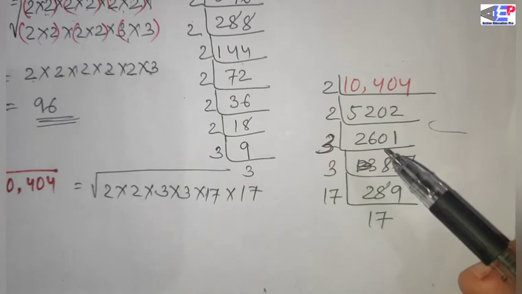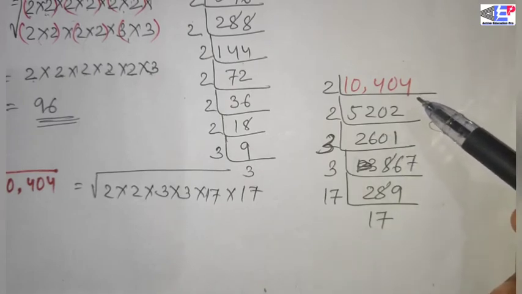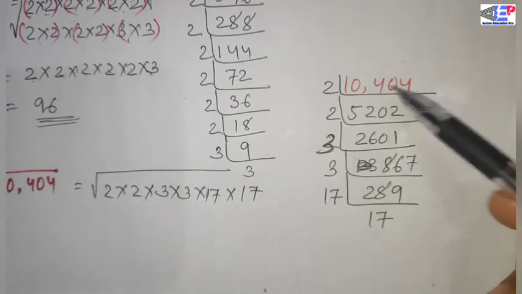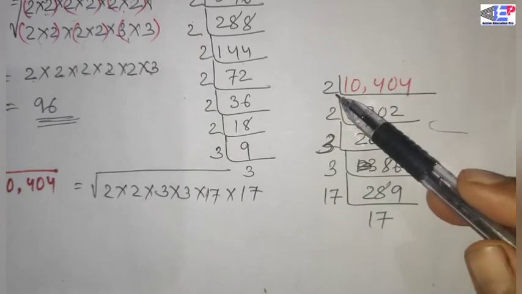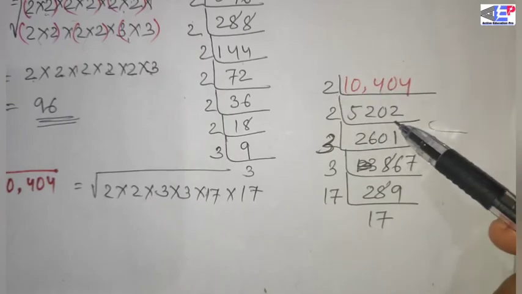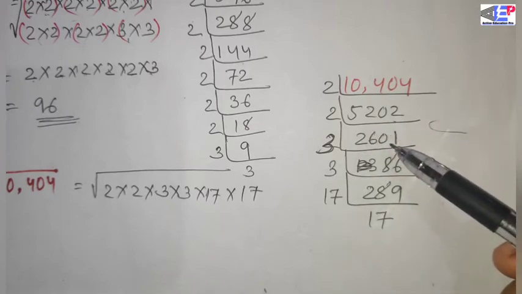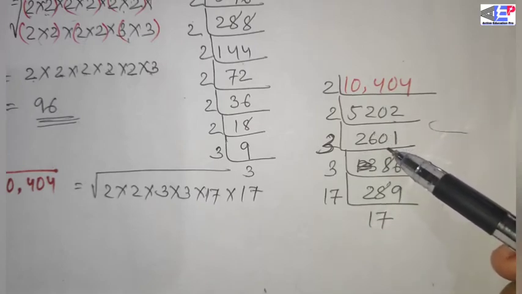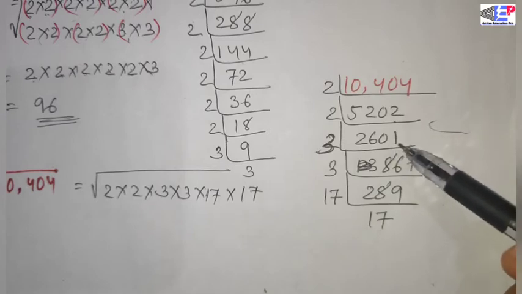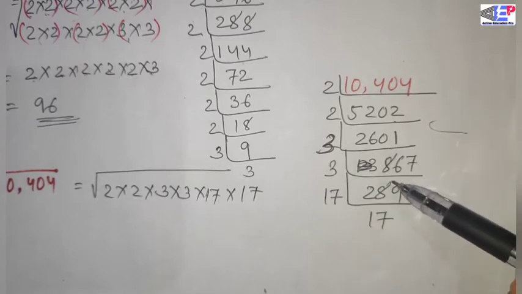Again I repeat it. First check all the divisibility properties. Here 10,404 is divisible by 2, then 5,202 is also divisible by 2. But when the result is 2,601, it is not divisible by 2 because it contains an odd number at its unit place. Then proceed with 3.